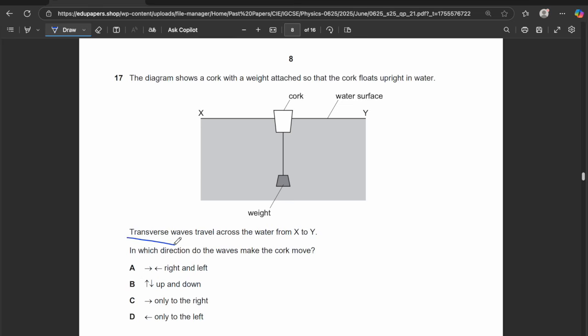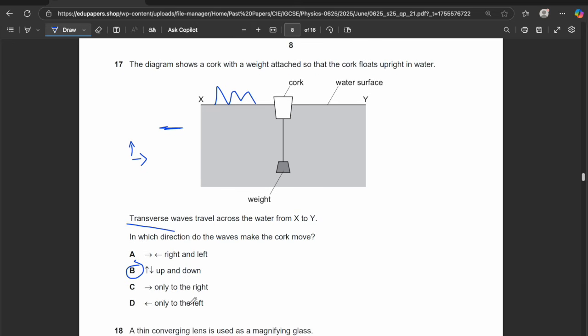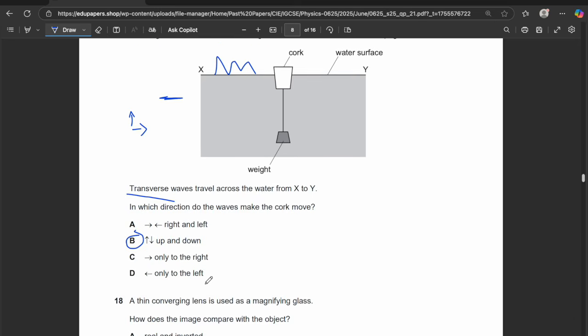So transverse waves, which means that the motion will be perpendicular to the direction of propagation, which means it will be kind of like this, which means it will be B. Now this one is a bit like longitudinal waves, and the other two don't make sense.